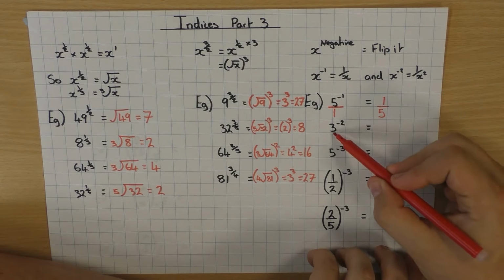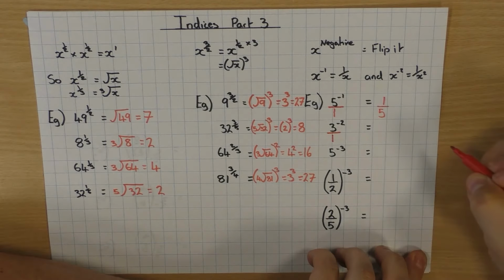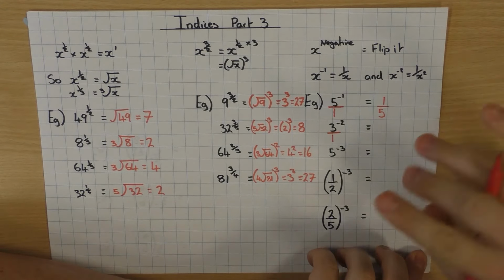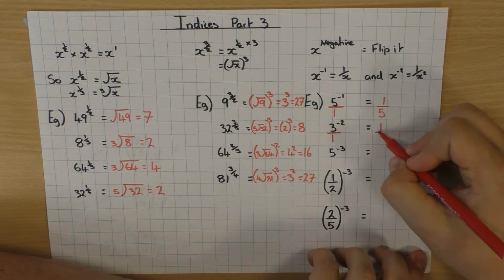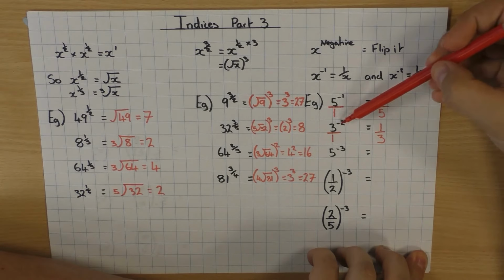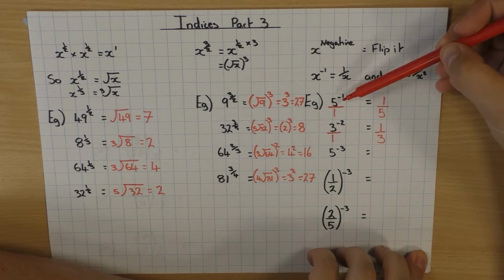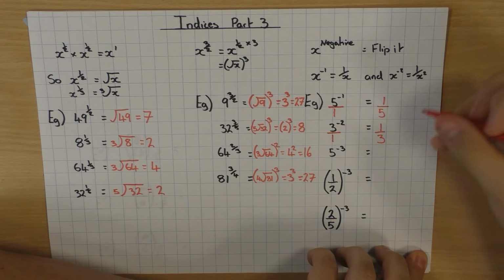Again, this one here, 3 to the power of -2. Consider it as a fraction, so 3 over 1. Because it's the power of a minus, I flip it. In which case I'm going to have 1 over 3. Now what you might notice is that that's -2 and this is a -1. So what does that mean? Well, the minus means we flip it, done that, but I've still got that squared.